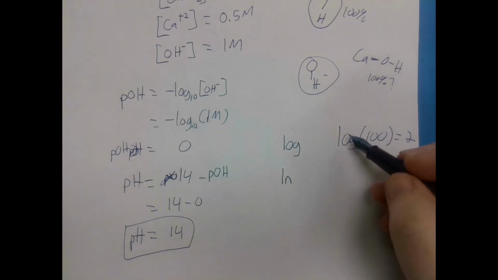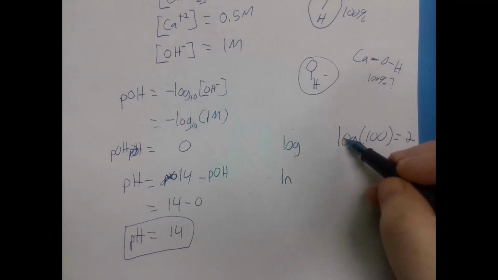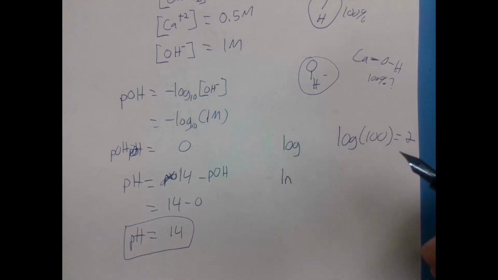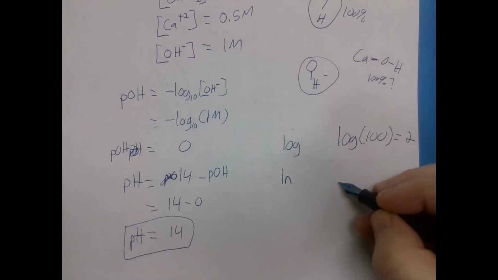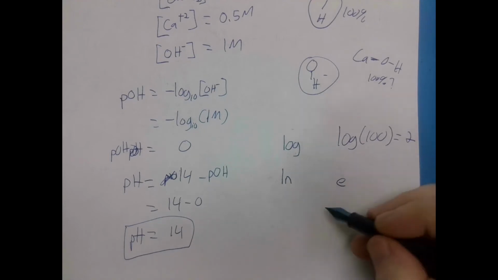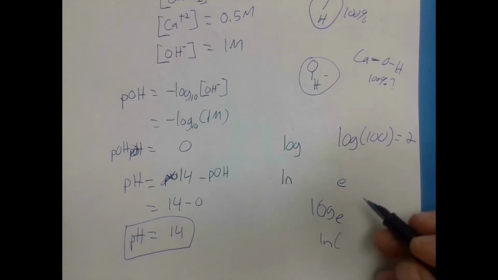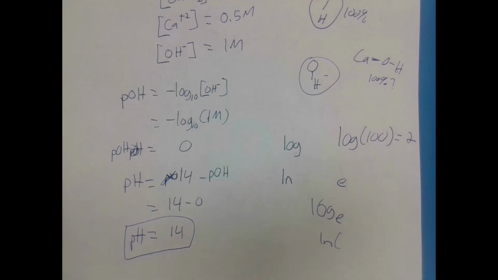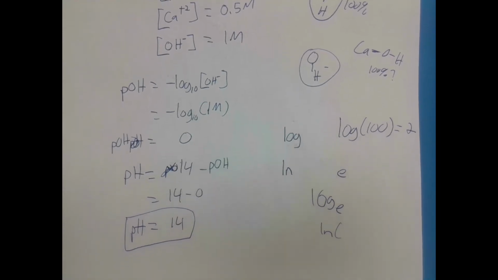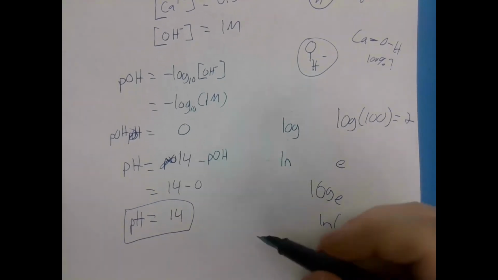Google, Mathematica and Wolfram Alpha will assume log is base 10 because in science classes we almost always use 10. If it's not 10, they'll assume E, Euler's number. So log base E is the same thing as natural log. And E is like 2.73 something. You do have a change of base formula.